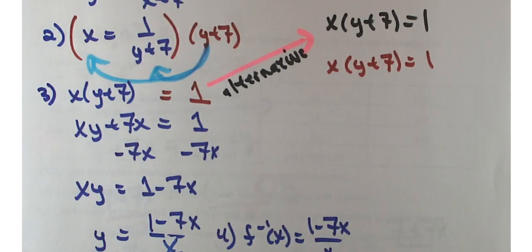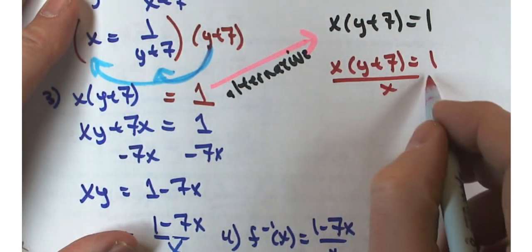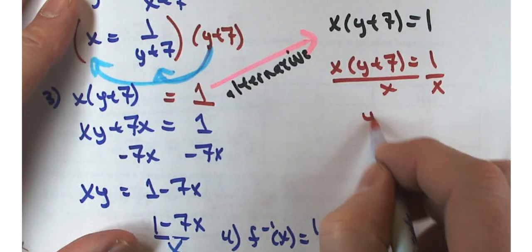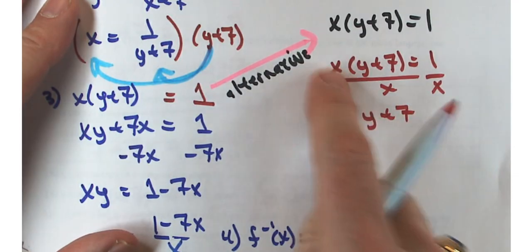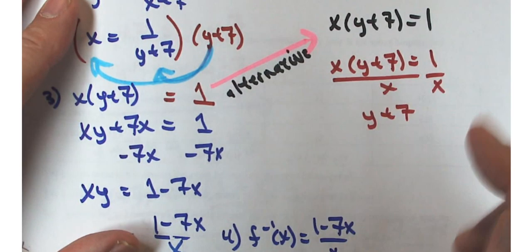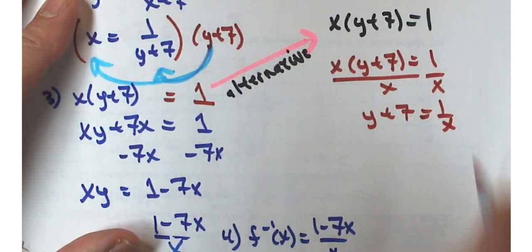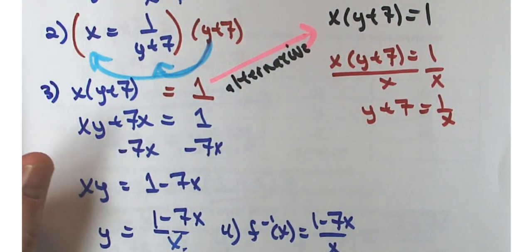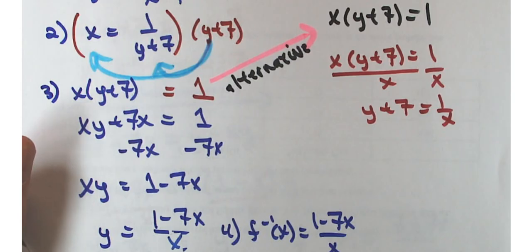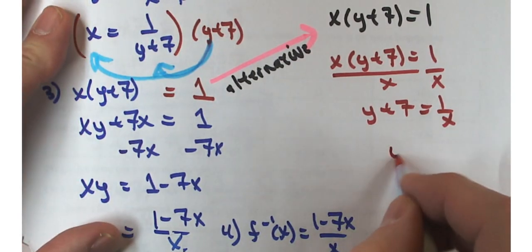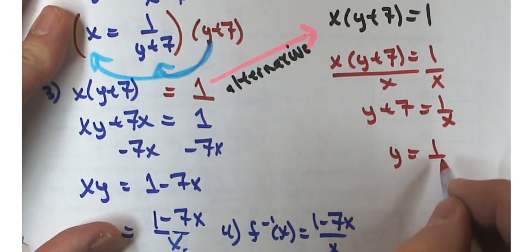But if you do divide both sides by x, you end up with y plus 7, because the x's cancel, equals 1 over x. Now, how do you solve for y from here? Yeah, just subtract 7. So y equals 1 over x minus 7.